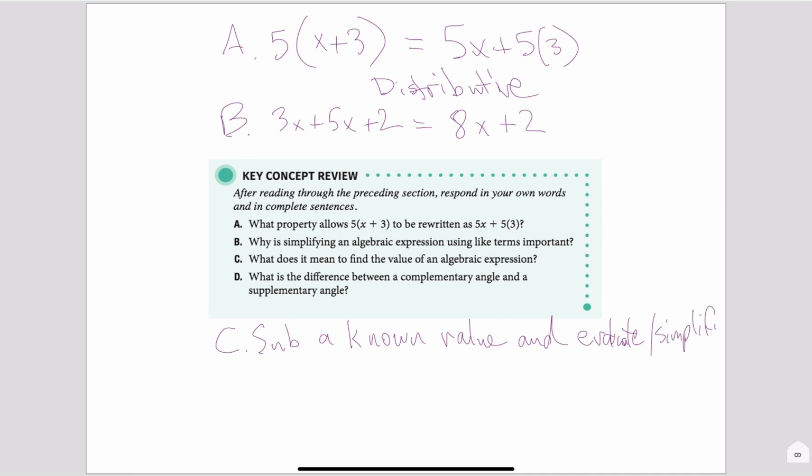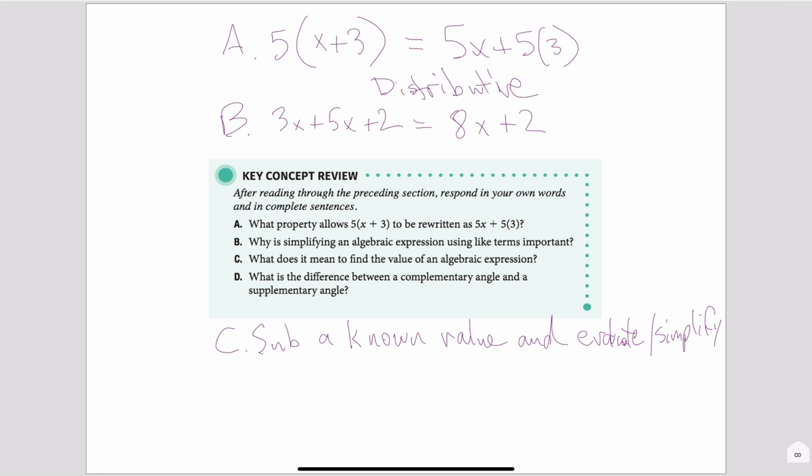Simplify and evaluate, when it comes to reducing algebraic expressions to their simplest form, are sort of interchangeable. So you substitute a known value, the one they usually give you.